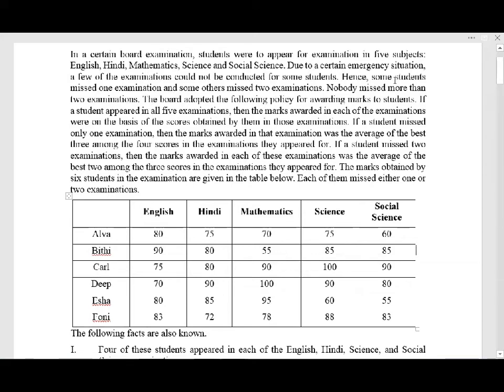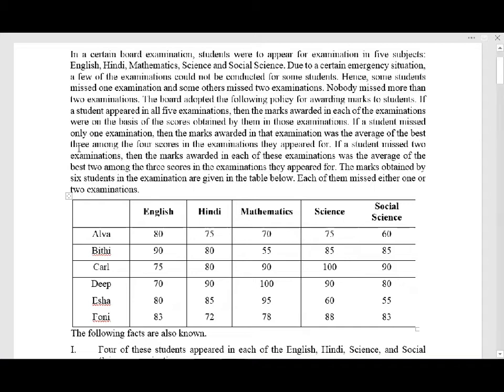Due to a certain emergency situation, which obviously you know what it is, a few examinations could not be conducted for some students. Hence, some students missed one exam and others missed 2 exams. Okay, I'll jump to the last line. Remember, each of them missed either 1 or 2 exams. So nobody missed more than 2, and nobody missed less than 1.